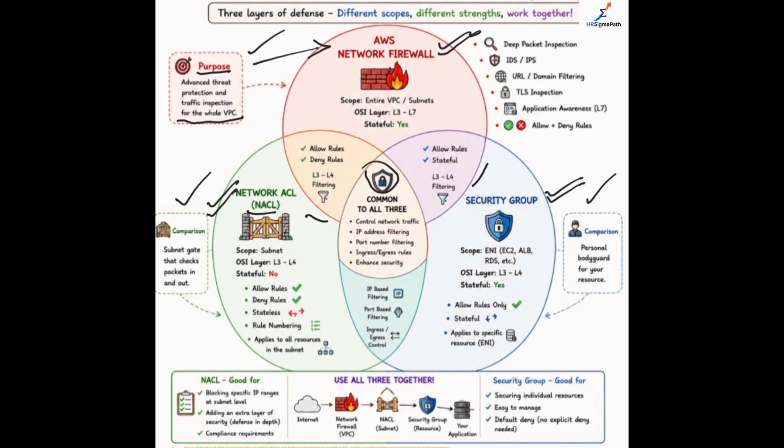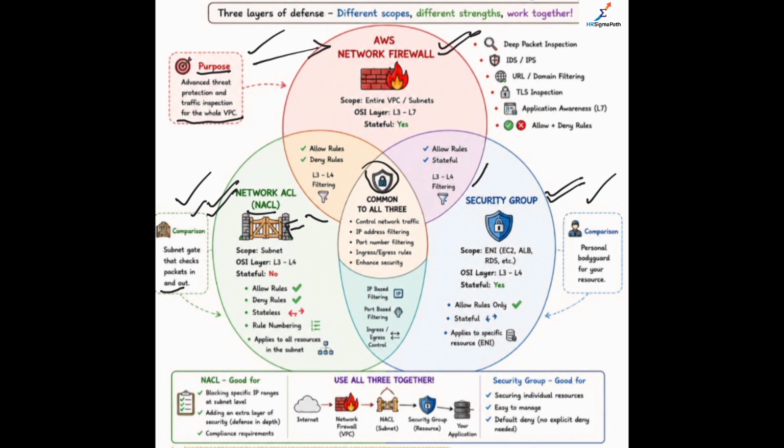Further down, another box describes Network ACL as a subnet gate that checks the packets entering and leaving the subnet. Imagine the entrance gate of a residential community. Everyone entering or leaving must pass through this gate. That is exactly how Network ACL protects the AWS subnet.